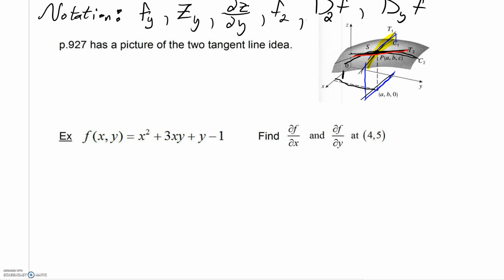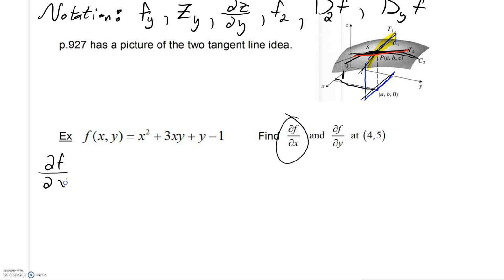Tell you what, let's get into the mechanics of taking some derivatives and see what it looks like, okay? So here's a function, and it's x squared plus 3xy plus y minus 1. And they're saying, hey, find the partial derivative of f with respect to x at this specific point. Let's just find that derivative first.